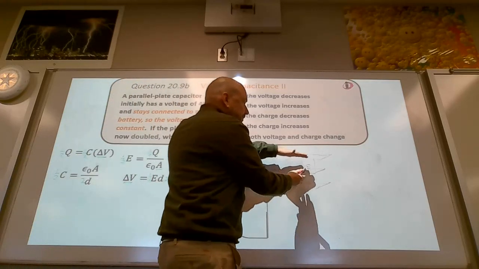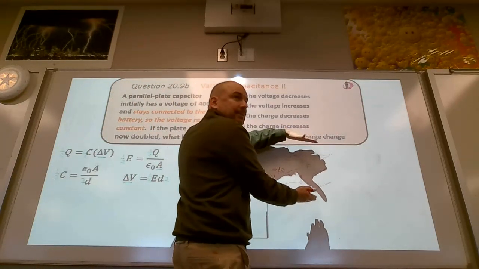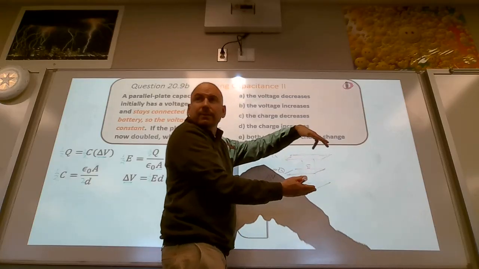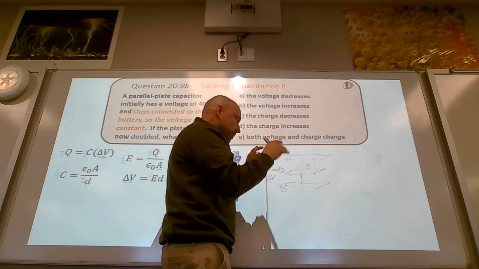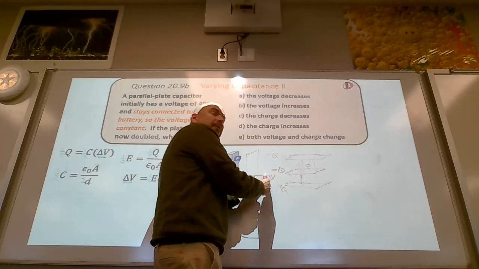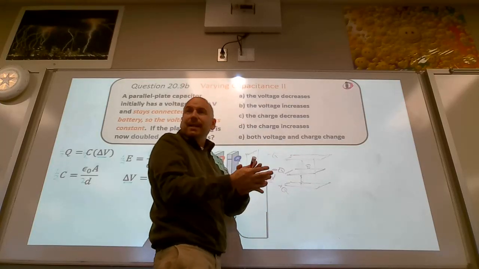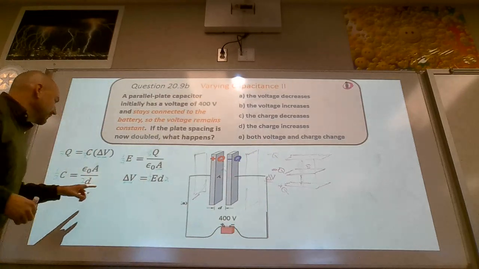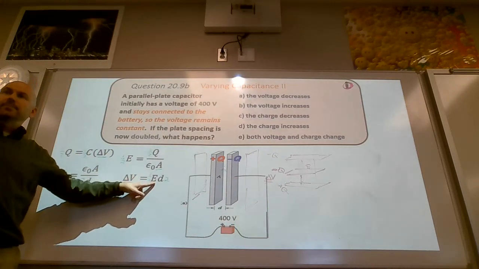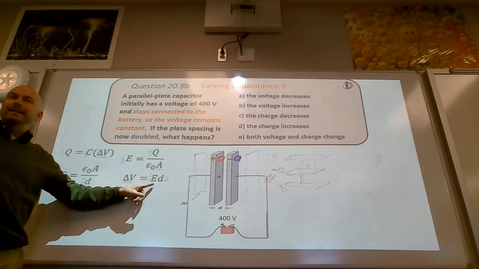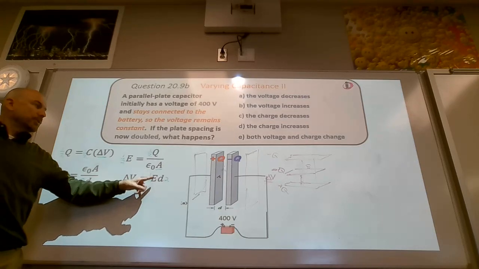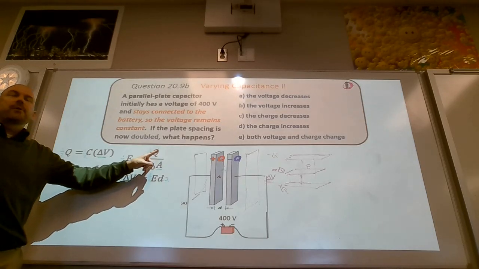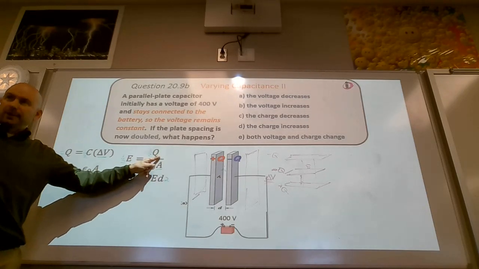So when I elevate this, the electric potential difference across these two plates has to be the same. In order to make that true, my electric field has to decrease, which would be caused because the charge on the plates decreased.